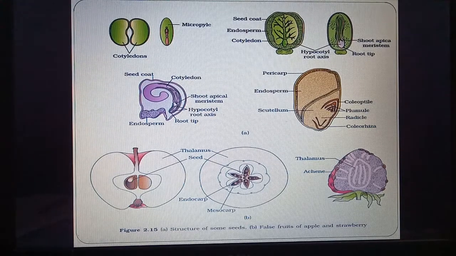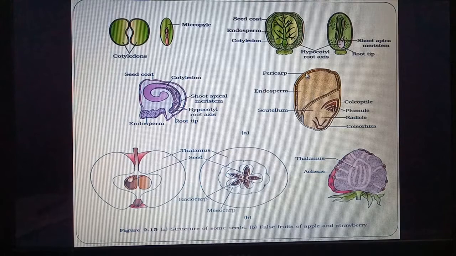This is an onion seed. In this we can see endosperm, a single cotyledon, seed coat, shoot apical meristem or shoot tip, then hypocotyl or root, finally root tip. And this is a monocot seed of maize.